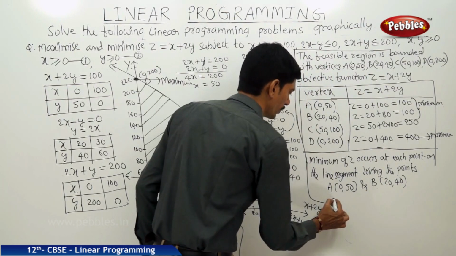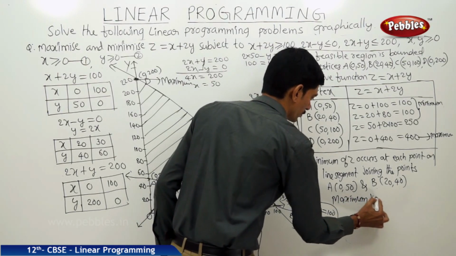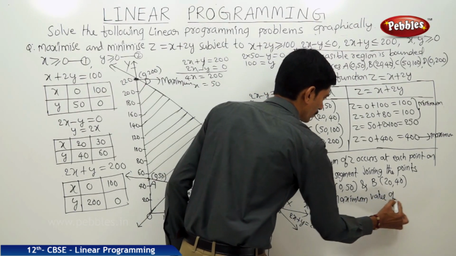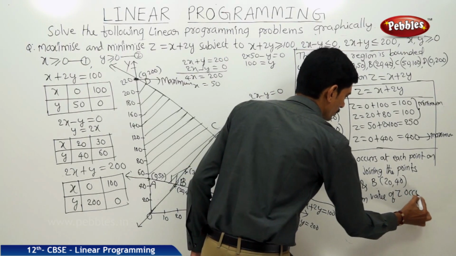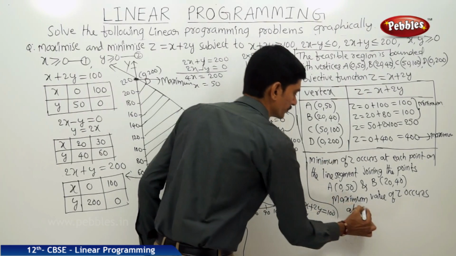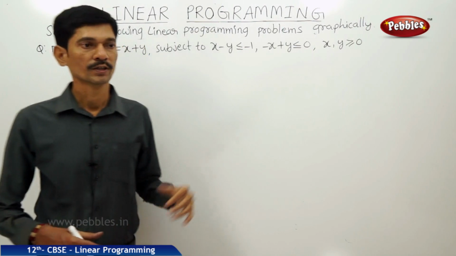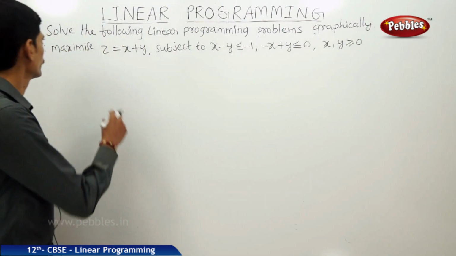Now the maximum value of z occurs at D (0, 200). Now let us go to the next question.